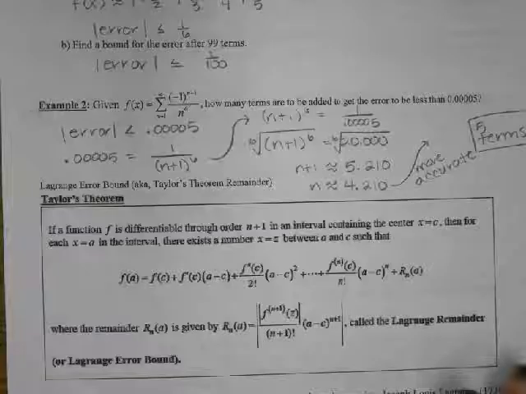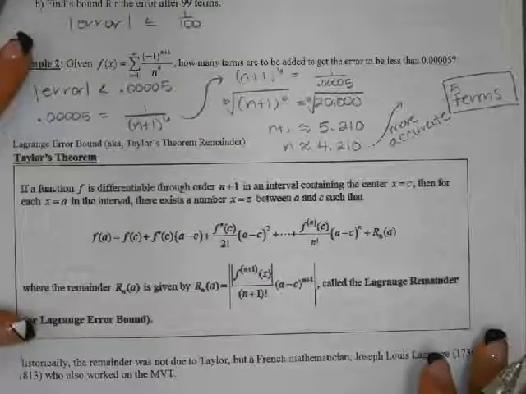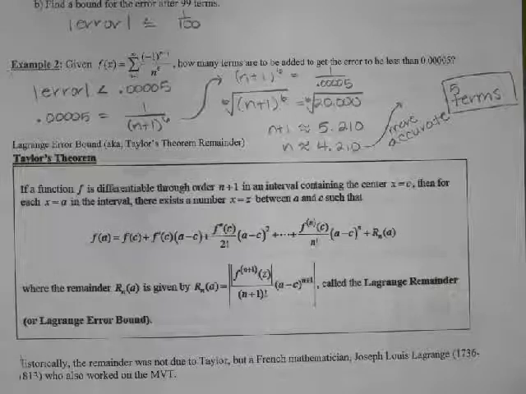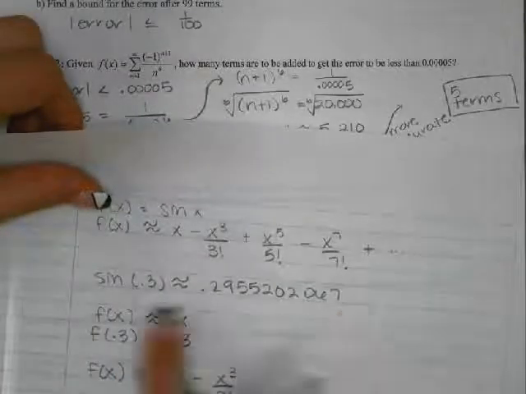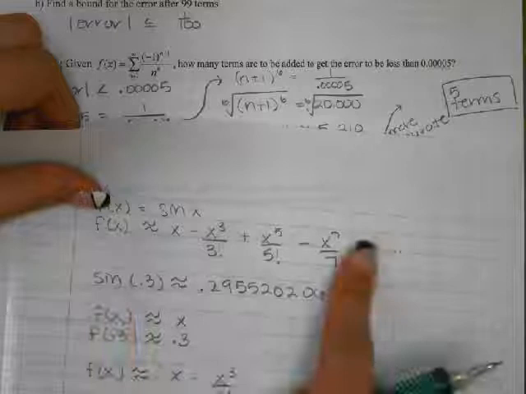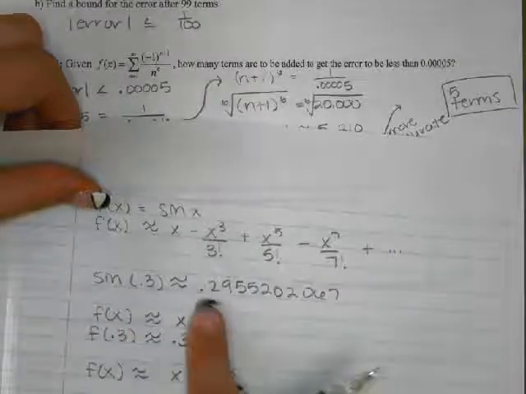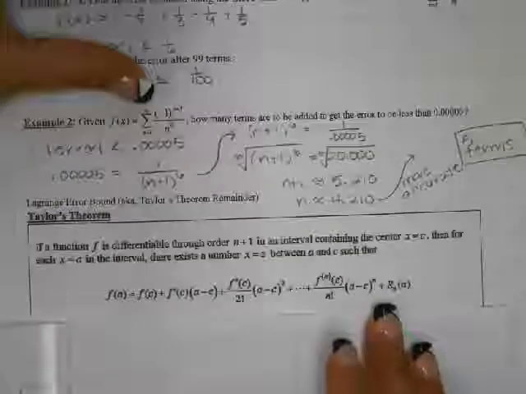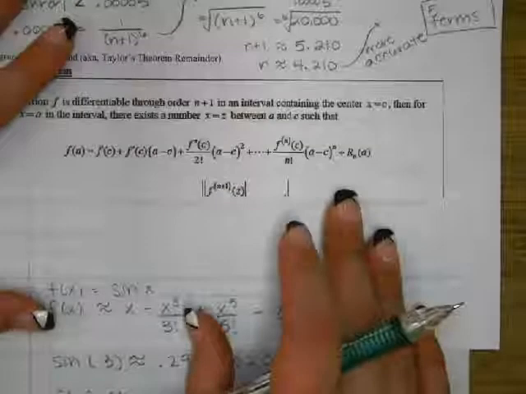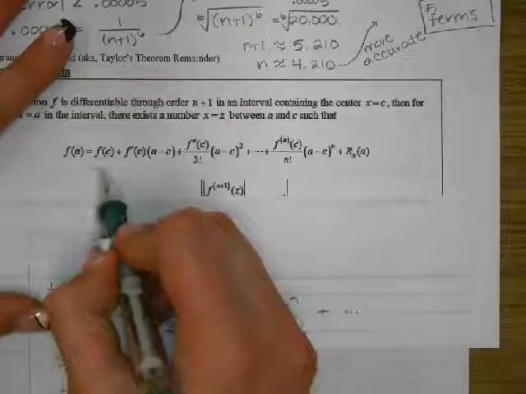All right, so if you look at this, the common sense of what we're doing here is we're saying if you want to find the perfect decimal, the decimal that you actually should get if you plug in sine of 0.3 instead of the polynomial, and you get the real decimal, then for us to be able to get that decimal from the polynomial, we're going to plug it into the polynomial right here.